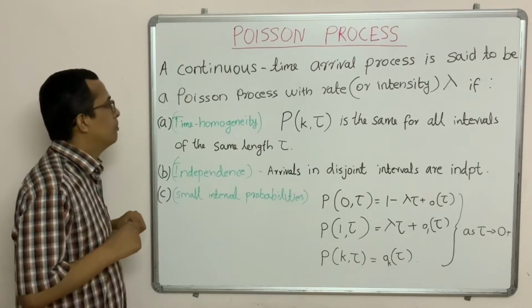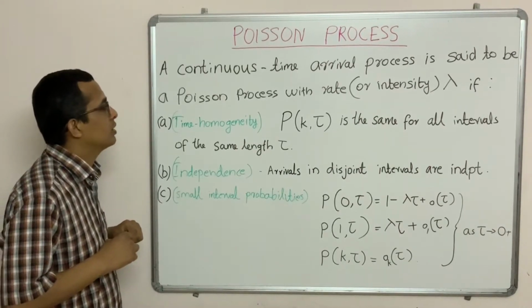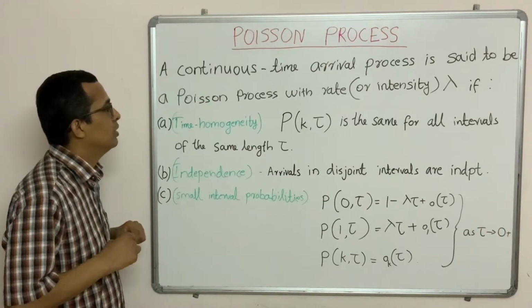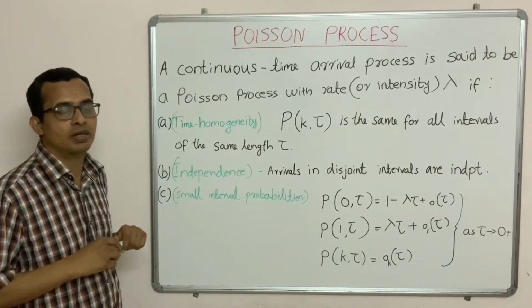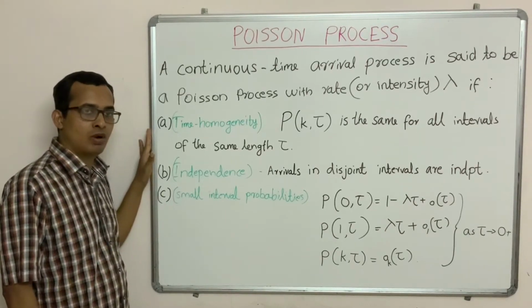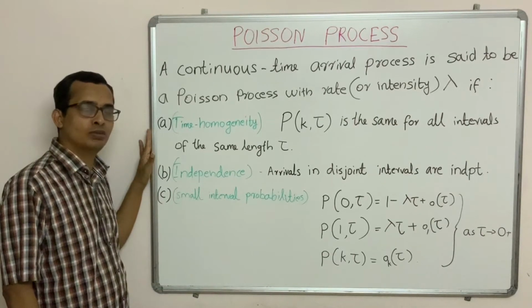That means that p_k(tau), the probability of exactly k arrivals in an interval of length tau, is the same for all intervals of the same length tau. Only the interval length matters, and this should hold for every k equal to 0, 1, 2 and so on. So fix k, then p_k(tau) depends only on the length of the interval.